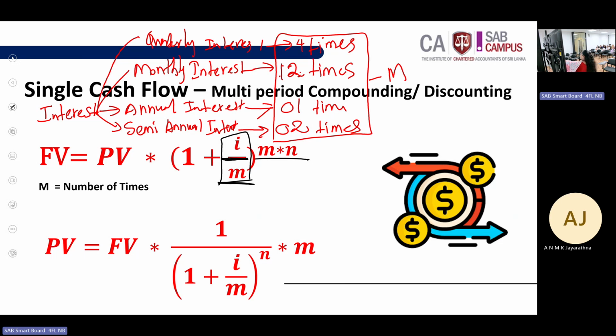For example, if you are paid the interest monthly, it should be monthly interest. But you were given the annual interest, right? Annual interest is 12%. How can you calculate the annual interest into the monthly interest? Divide by number of times that you are receiving the interest.